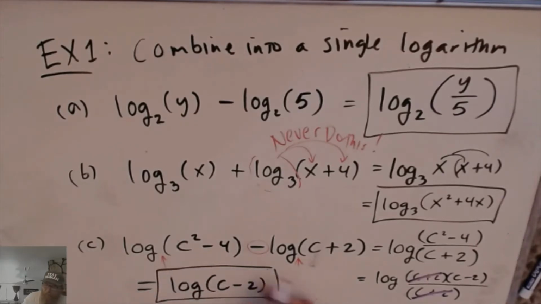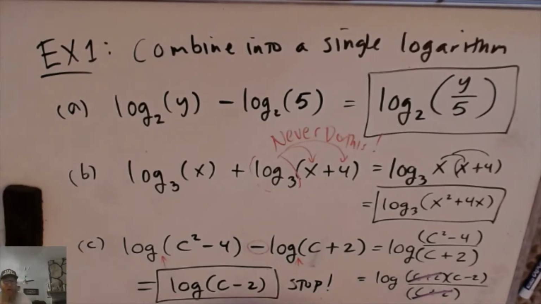And you got to know when to stop. If you go too far, if you keep inventing properties that don't exist, you'll end up taking a perfectly good answer and screwing it up by not knowing when to stop. Okay, so that's it. Your argument is c minus 2. It's a common log base 10, and you cannot go any further.